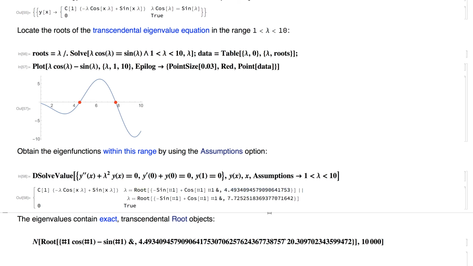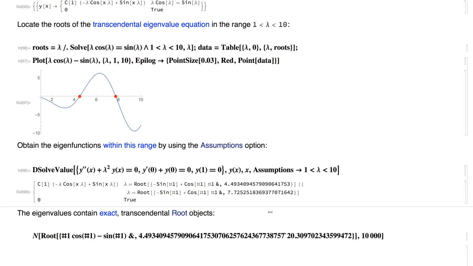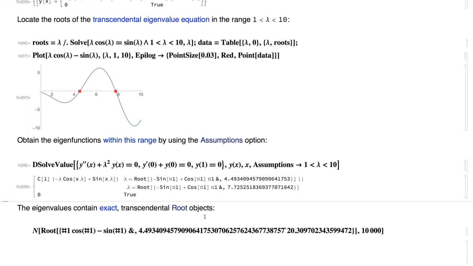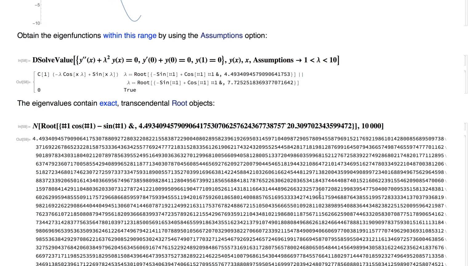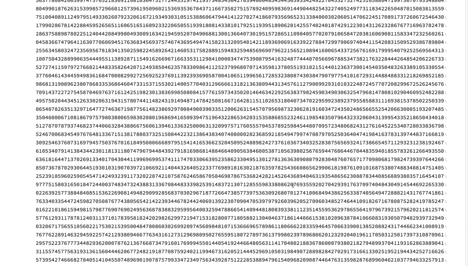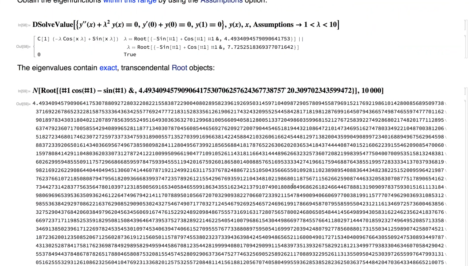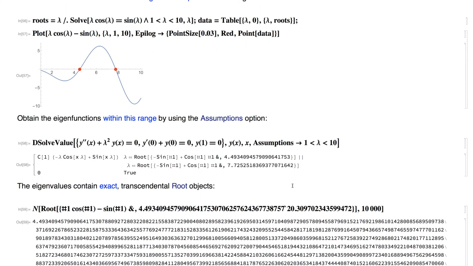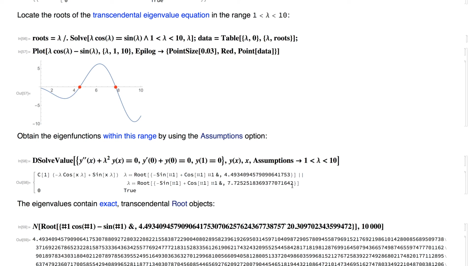And one has come to believe that DSolve and DSolveValue both work only with exact answers. But in fact, these eigenvalues are really exact, and you can work out, let's say, the first 10,000 places of decimal in this case quite quickly. So what you see over here is that we have a very complete solution to the Robin problem obtained by specifying a range for the eigenvalue parameter.